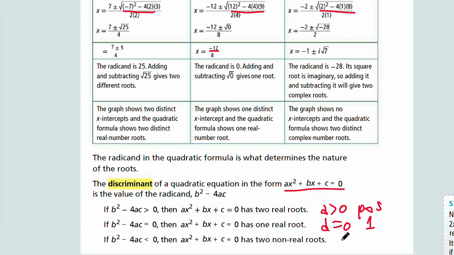And when the discriminant is less than 0, which means it's negative, you have two non-real roots. You will never have one non-real root, because if it's 0, then that's the only way you will not have a plus or minus that are different, right?